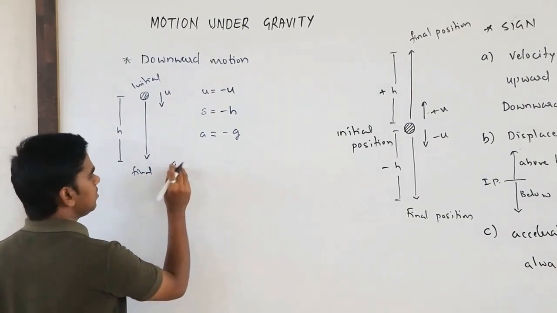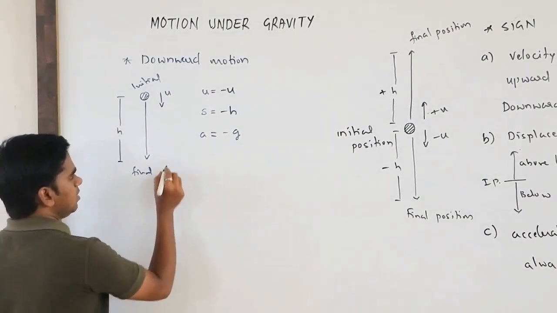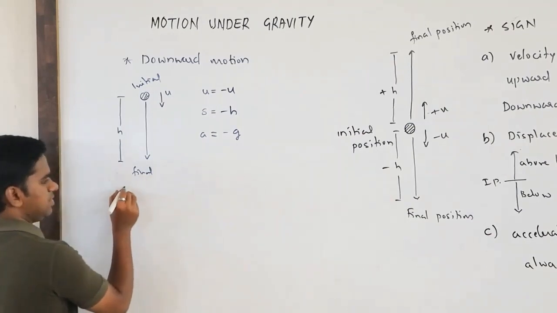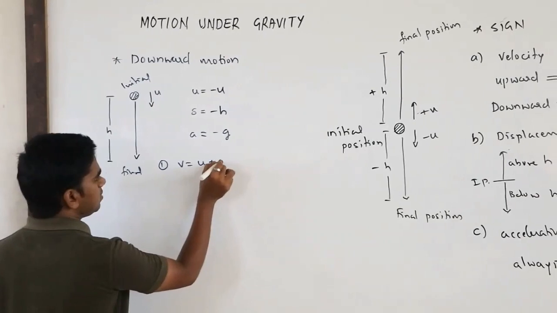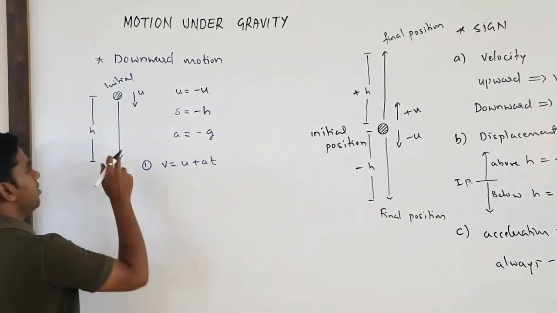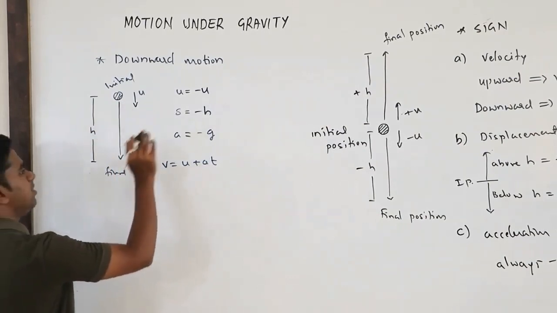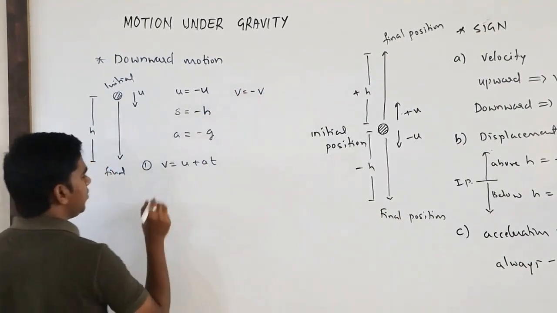If this is the case, we will check the first equation. First equation, what is that? V equals to U plus AT. Is V negative or positive? Final velocity, all velocities you have to take negative. So V is also negative.